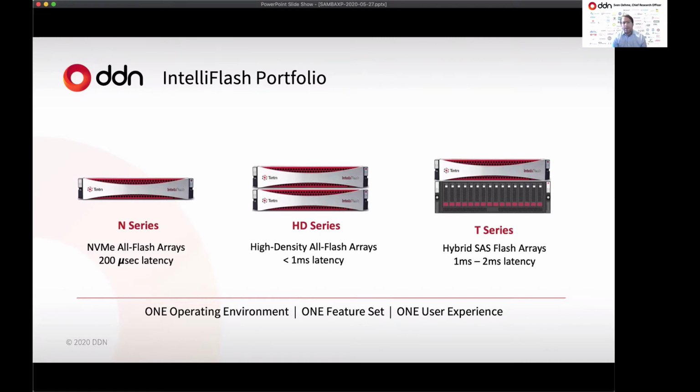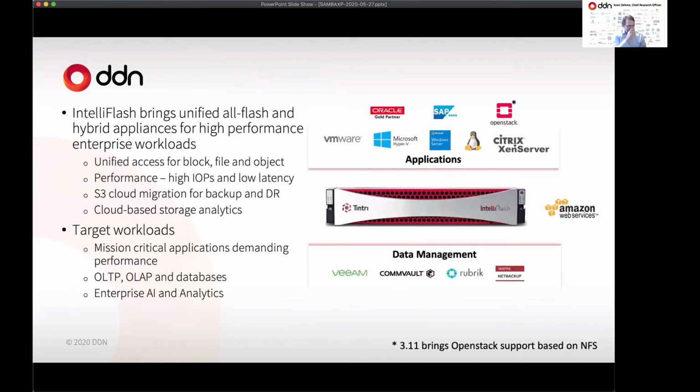The N series is the fastest of all. It delivers very, very low latency performance for block as well as NFS and SMB workloads. But as I said, in the current release it is primarily for hypervisors. In the next release, we're going to open this up as a more general purpose NAS platform for SMB workloads as well as NFS workloads.